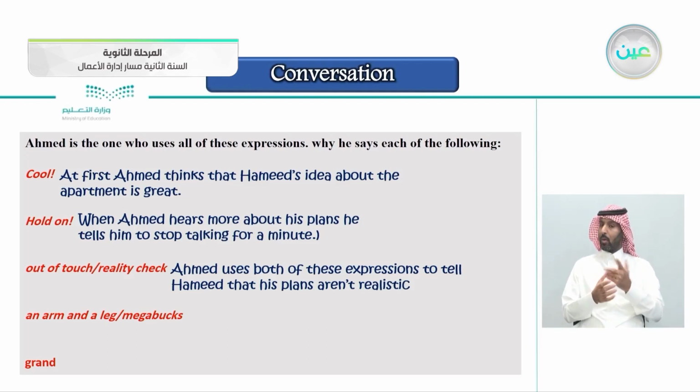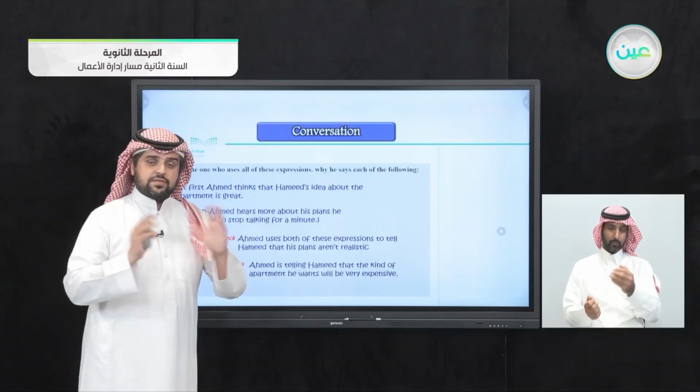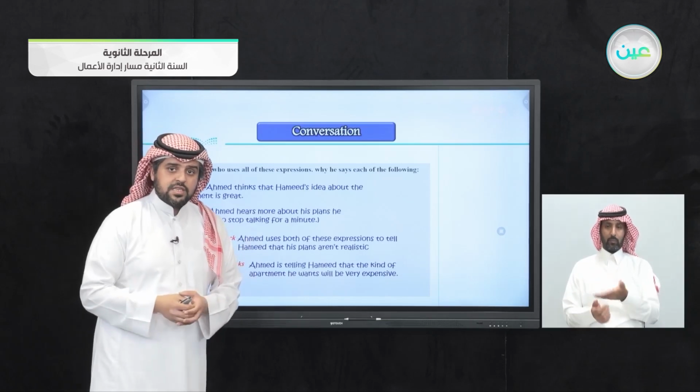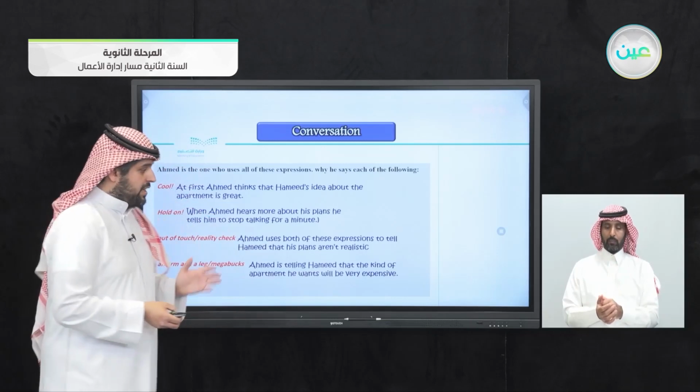An arm and a leg and megabucks. Why did Ahmed say it will cost you an arm and a leg and megabucks? Ahmed is telling Hamid that the kind of apartment he wants, a large apartment with parking and all of these facilities, would be very expensive, would cost him an arm and a leg, or megabucks.